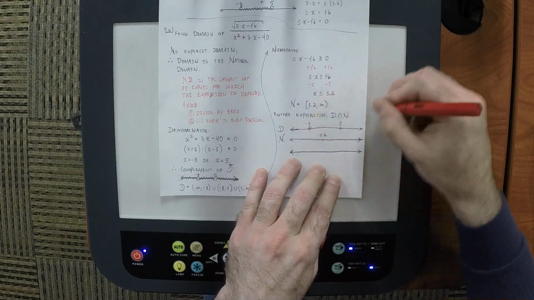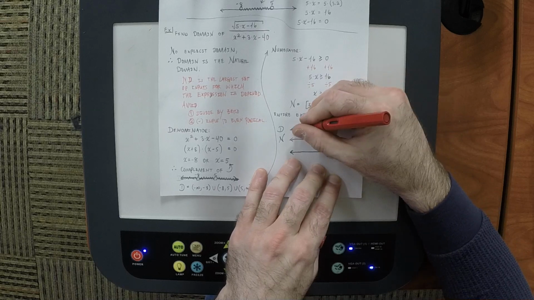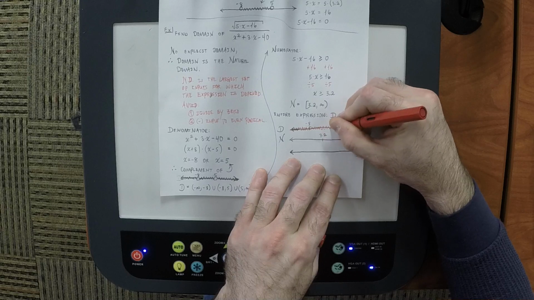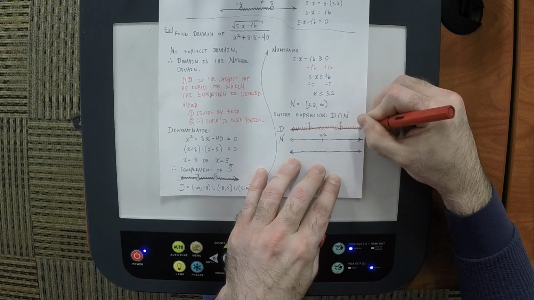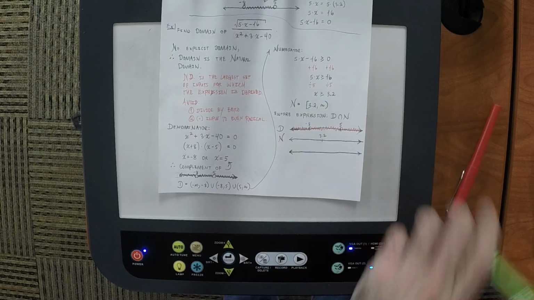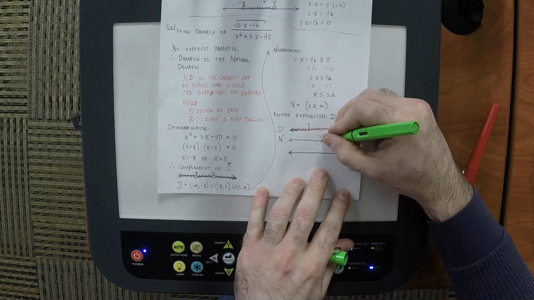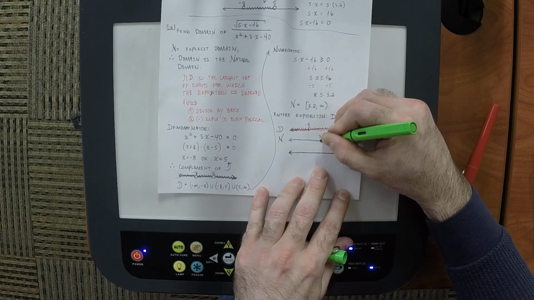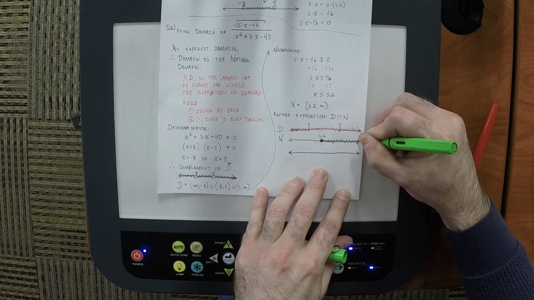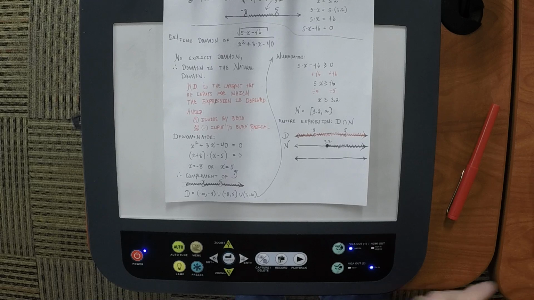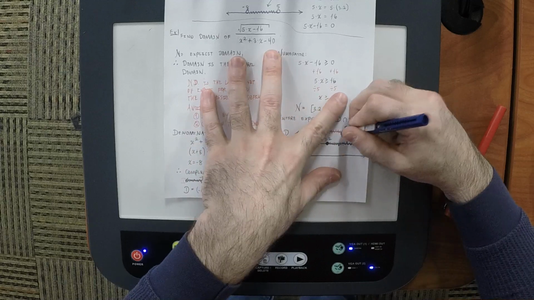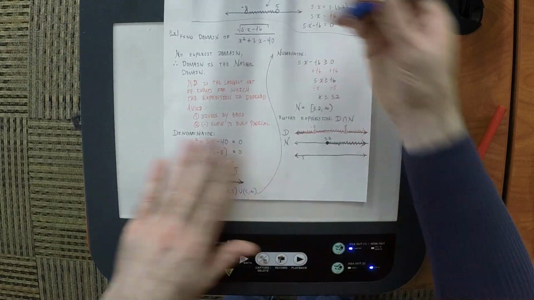So we don't have negative 8, we don't have 5, but we have everything in between, everything besides. So that's the denominator's requirements. And then for the numerator's requirements, we have 3.2 and everything beyond. So in order for them both to be satisfied, we need both colors.